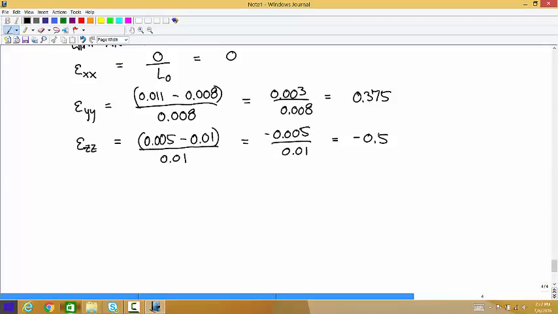Okay, so what was the sign convention for normal stresses? Back to stresses, what does a positive normal stress tell you? In tension. Negative normal stress tells you it's in compression. And the sign convention here goes along with that. If you put something in tension, it increases the length. And so a positive normal strain goes along with a positive normal stress, and vice versa. So notice the sign convention.